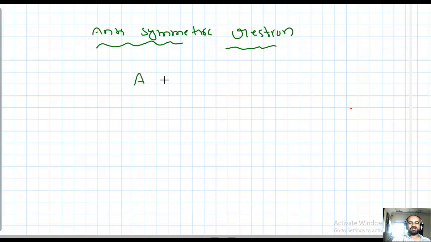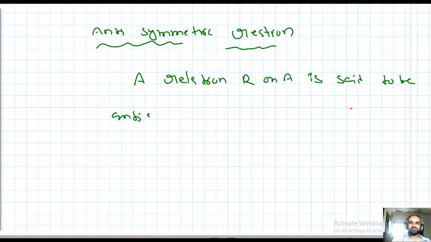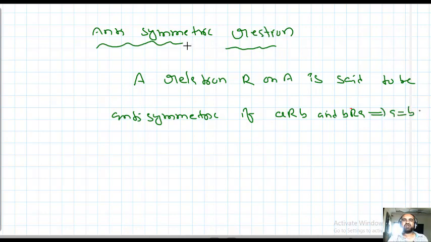A relation R on A is said to be anti-symmetric if a related to b and b related to a implies a equal to b. I will explain through an example.